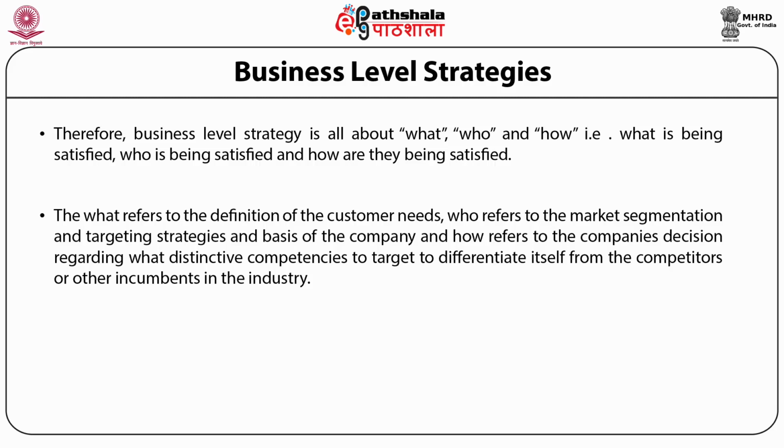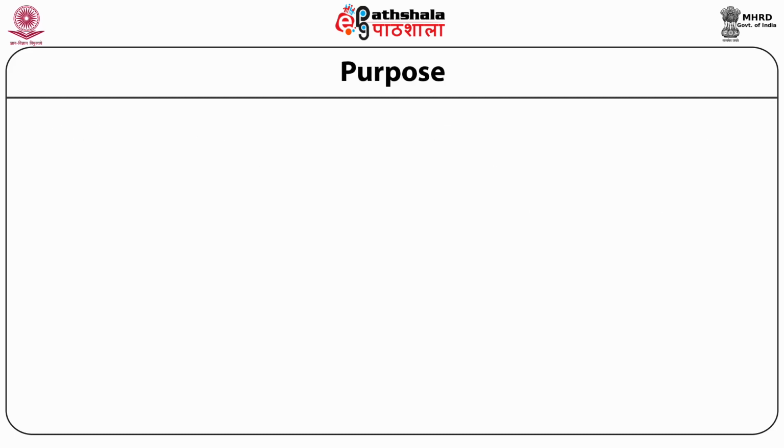Who refers to the market segmentation and targeting strategies, and how refers to the company's decision regarding what distinctive competencies to target to differentiate itself from the competitors or other incumbents in the industry. The purpose of a business level strategy.